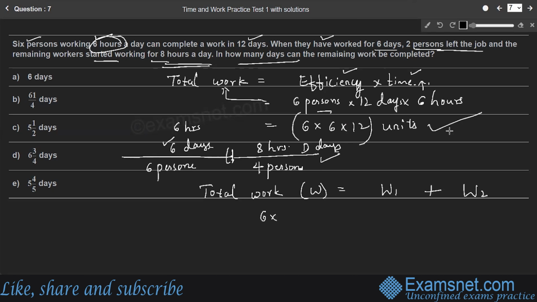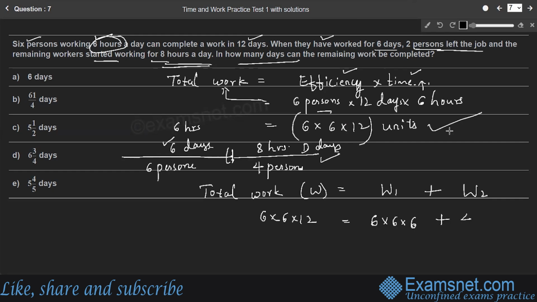Total work 6 into 6 into 12 is equal to W1. In the first part, 6 persons work for 6 days and each day they work for 6 hours. Therefore, the first part of the work is 6 into 6 into 6 plus the second part.